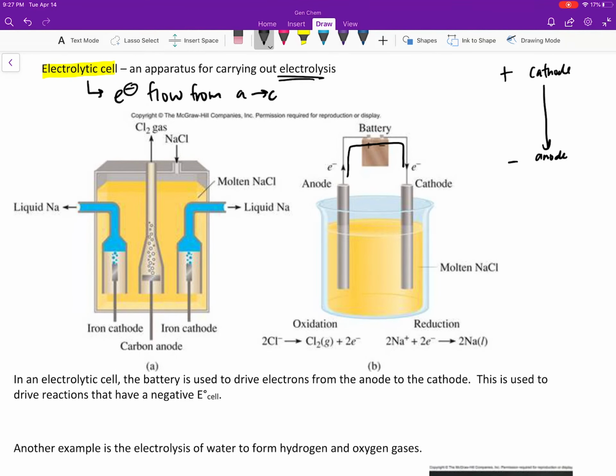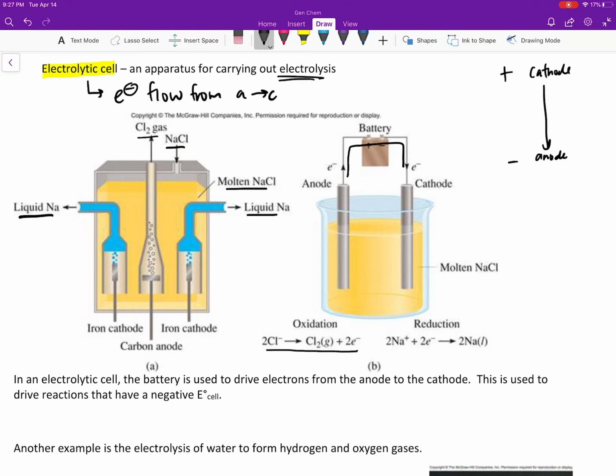Here we have, it's kind of hard to see this all lined up, but we have liquid sodium and chlorine gas, sodium chloride, and molten NaCl. What they're doing here is filling with NaCl, and then capturing Cl2 gas by oxidizing it.